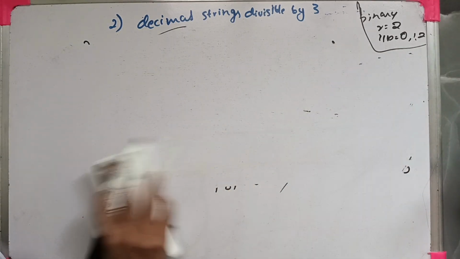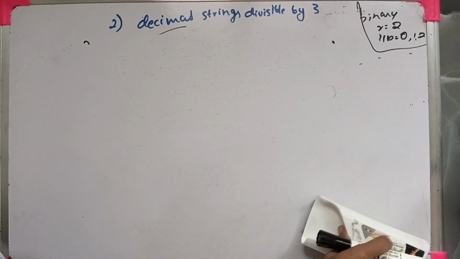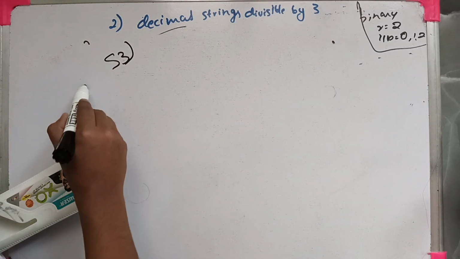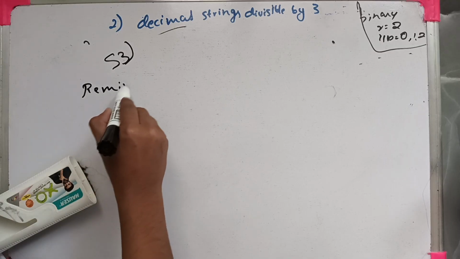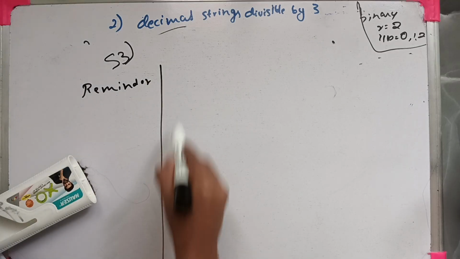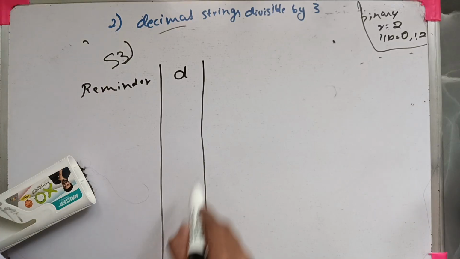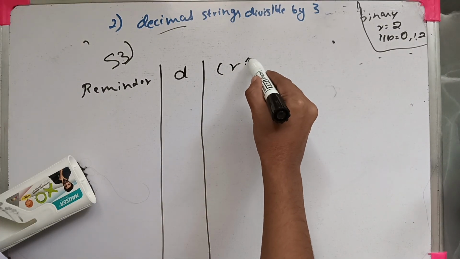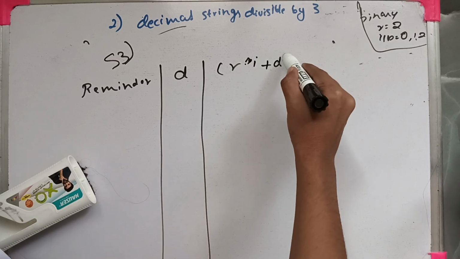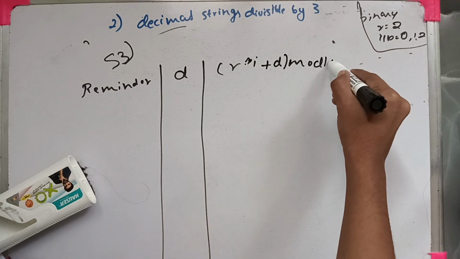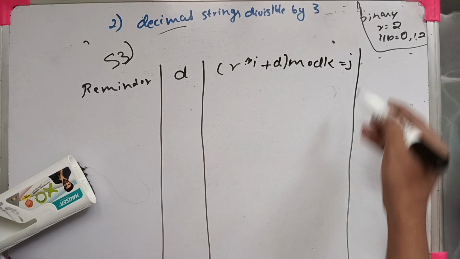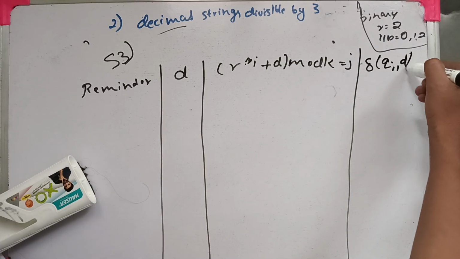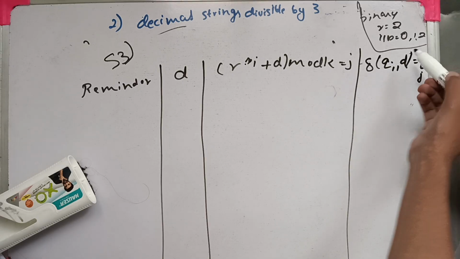In step number 3 we need to take a column. First we need to mention the remainders, and in the second column we write the input alphabet, and the formula for the divisible by k problem is (r into i plus d) mod k equal to j, and qi on d equals qj.